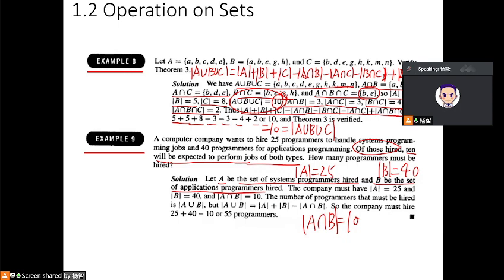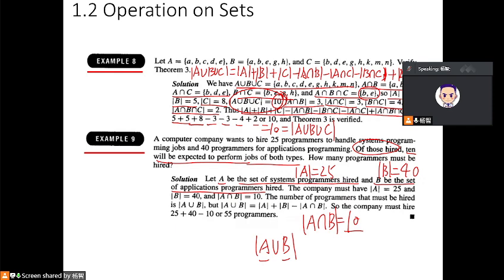And then we want to calculate how many programmers must be hired. This is the programmers for system, this is the programmers for application, and we also have 10 programmers for both of these jobs.